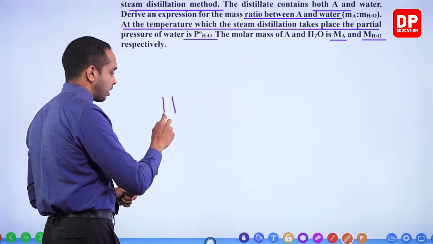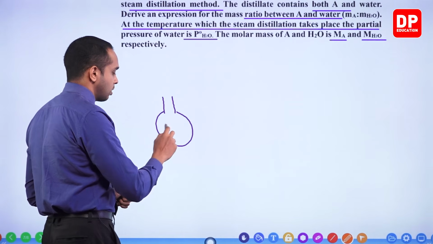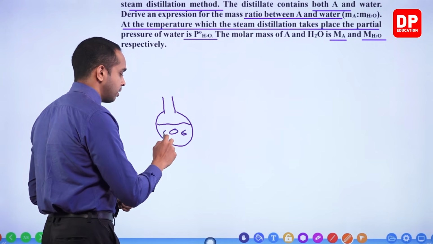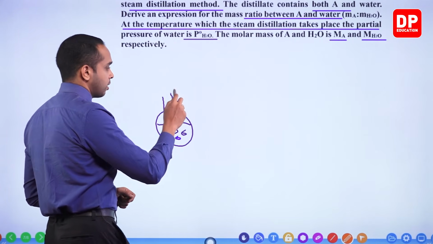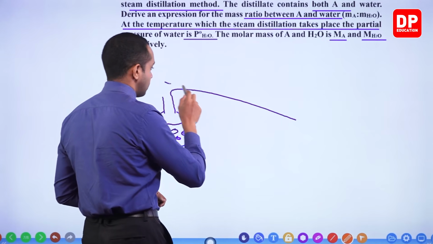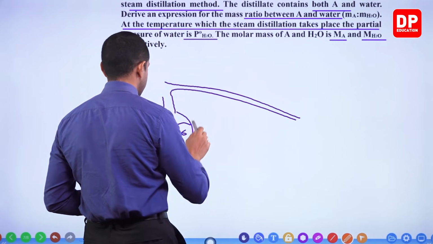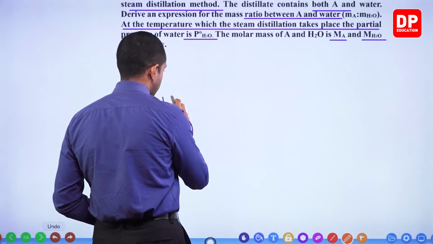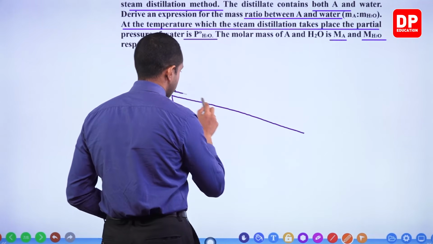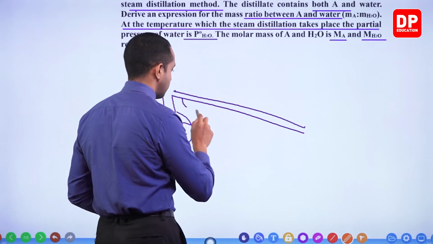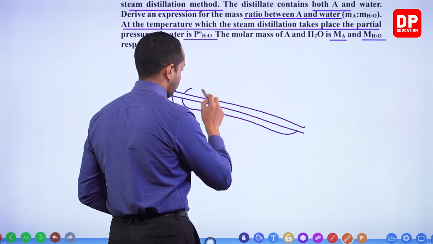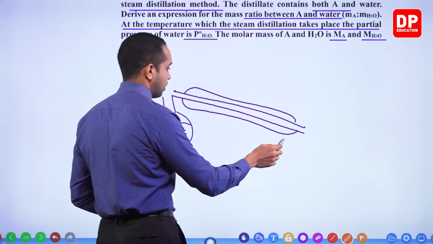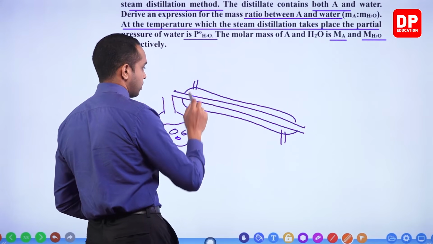Now imagine when you carry out the steam distillation process, students, we have the plant materials here, and then we have the condenser, right? We'll draw them a bit straight like so. We have the condenser, water in, water out, right?